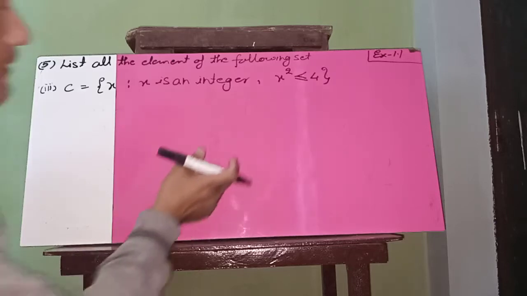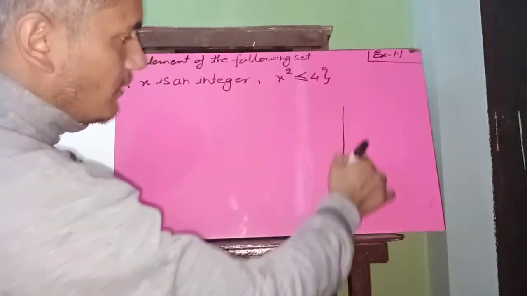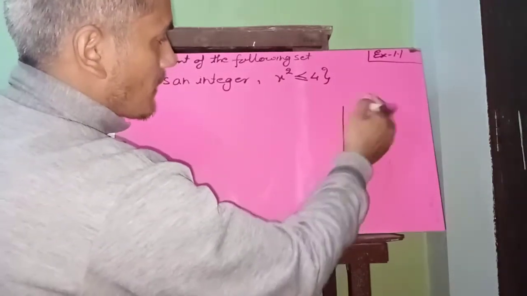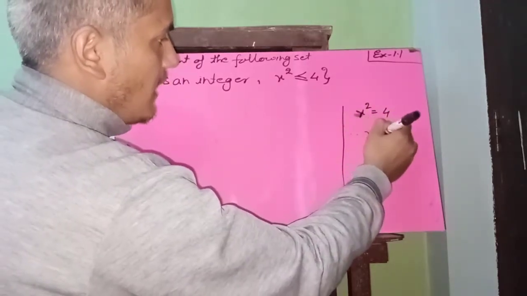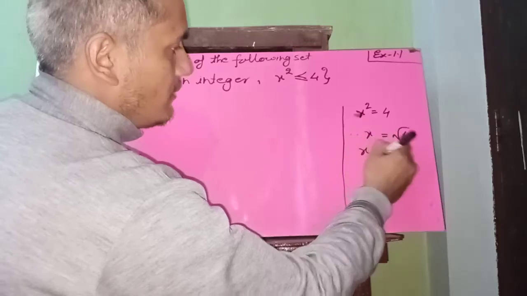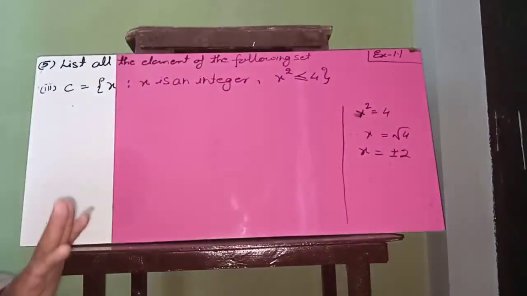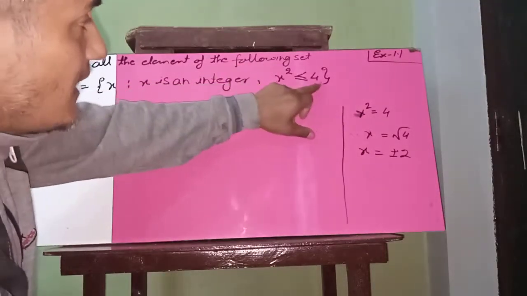So how will we take it? At first, rough work. If x square equals 4, then x equals the square root of 4, so x equals plus or minus 2. It means the values of x are plus 2 and minus 2. But here we have x square less than or equal to 4.